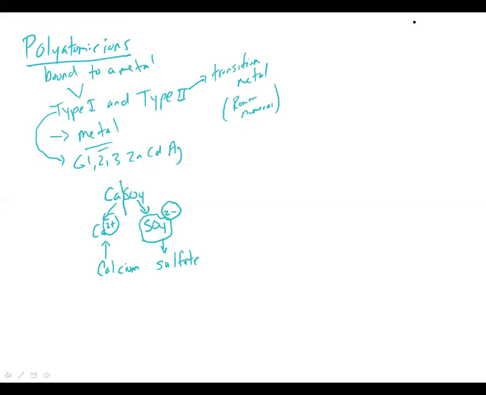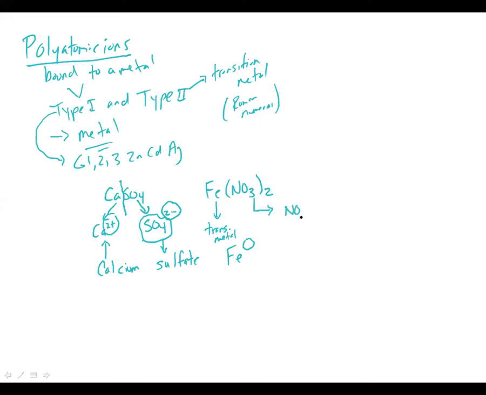Now, if we got into a transition metal, for example, if I had Fe(NO3)2, we look at this, which is iron. And iron is a transition metal, which tells us that we do need to figure out the charge, just like we did before, because it can have multiple types of charges. The next thing you want to look at, just like before with type 2, is what it's bound to.